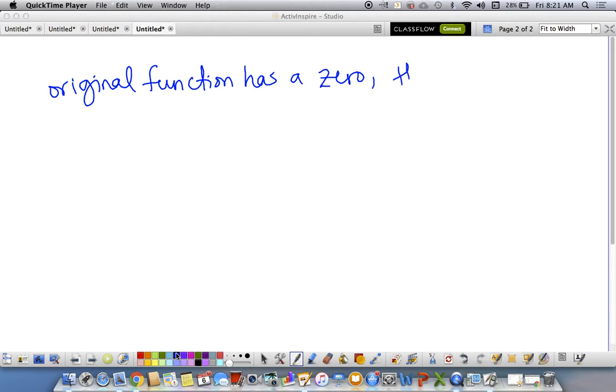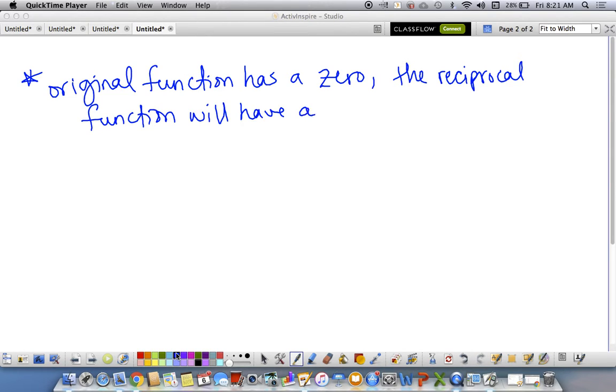So, if your original function has a 0, the reciprocal function, this is something for all math. We're going to talk about this in calculus, and it's going to be not trig functions. There are going to be other functions. The reciprocal function has an asymptote.